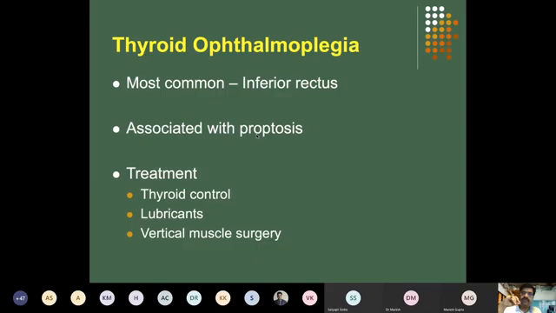Most of the time it is associated with proptosis, and the most important treatment will be thyroid control. For acute conditions of thyroid ophthalmoplegia, sometimes steroids are given. But once the proptosis has set in, the chances of the eye going back to normal size are not there, and it has to be treated with lubricants and vertical muscle surgery, most commonly the inferior rectus recession.